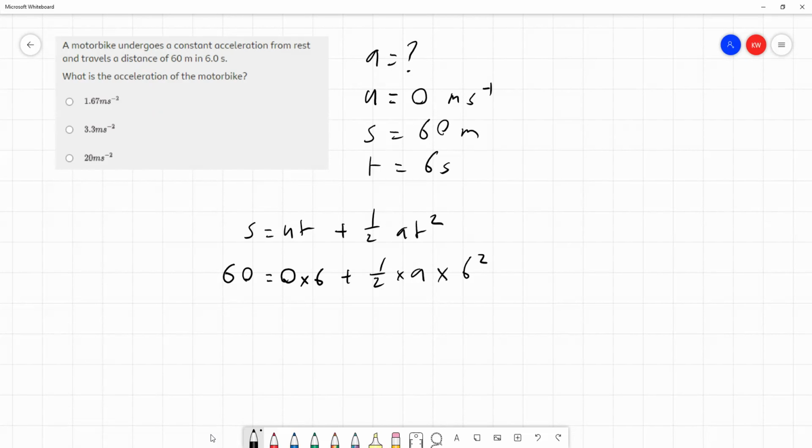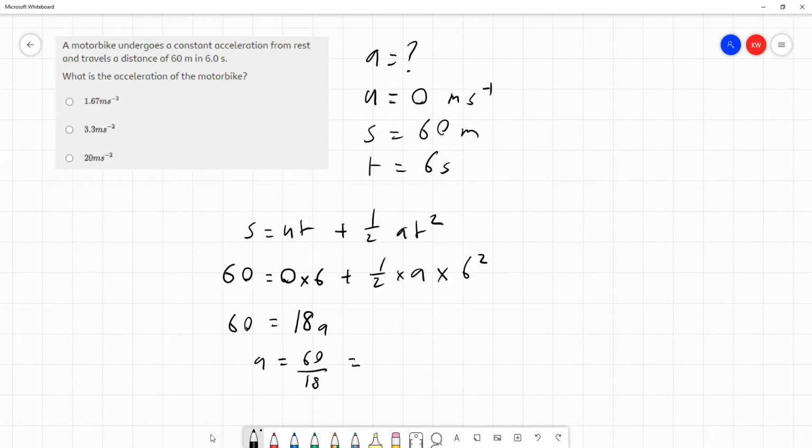So we can simplify this a little bit first though. So we get 60 is equal to, that's gone, that's a 0. A half times a times 6 squared. 6 squared is 36. Half of 36 is 18. So 60 is equal to 18a. So a will equal 60 divided by 18.